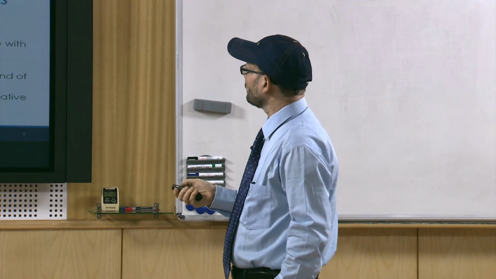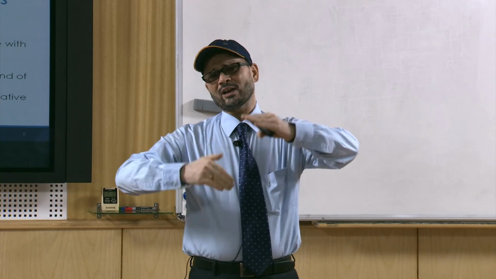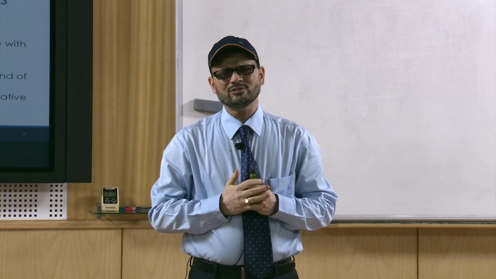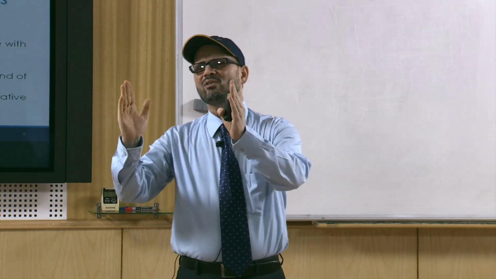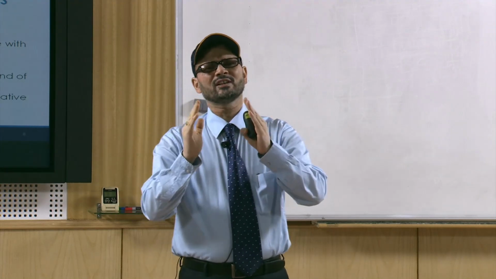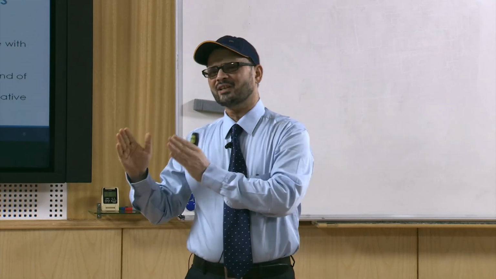Then you can also assume the cash flow for the deficit period, because either you can go for calculating the implied salvage value or you can assume certain cash flow for the deficit period. Suppose in one case you have 5 years of life, in another case you have 3 years of life.